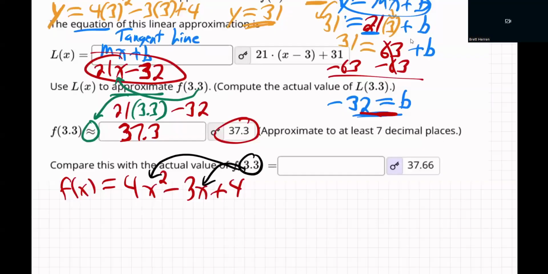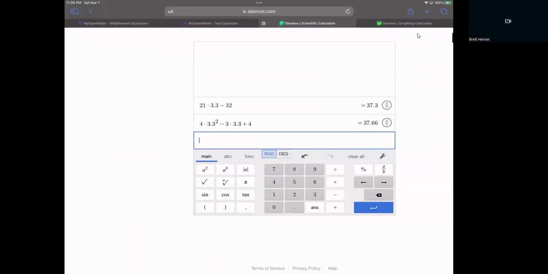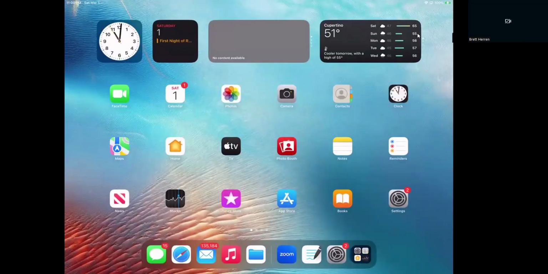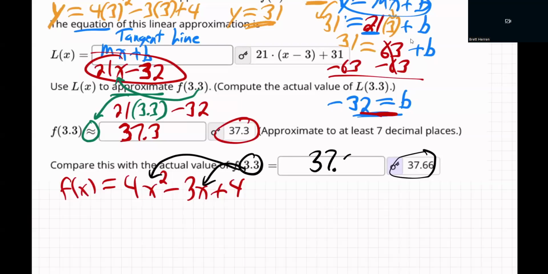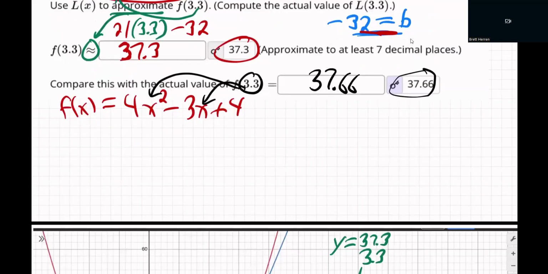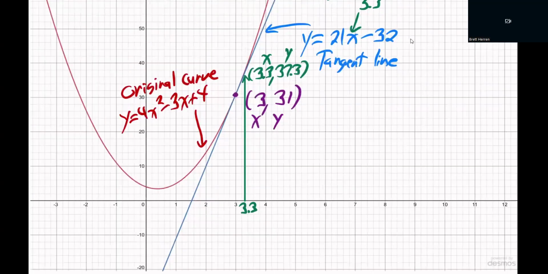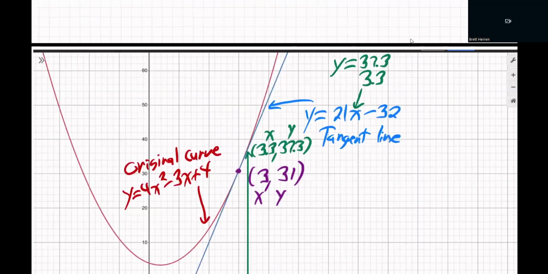Okay, so what did Desmos say? Desmos said it's 37.66. Yeah, that's the answer. On the graph, let me show you. My graph, the red one, is just barely above at 3.3.